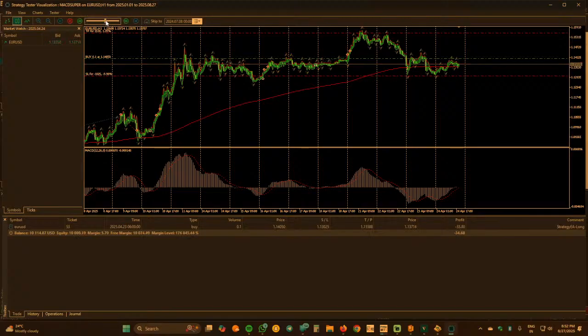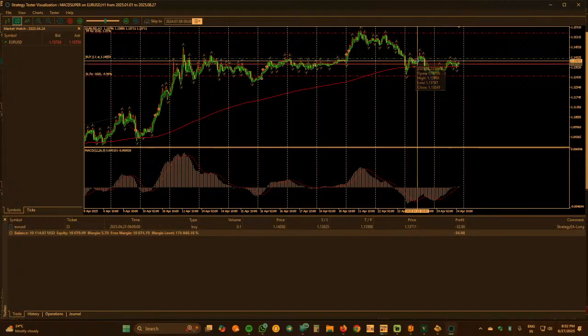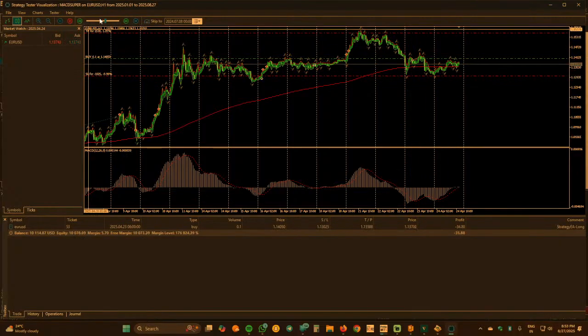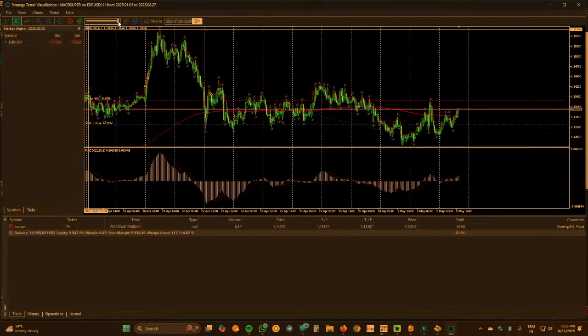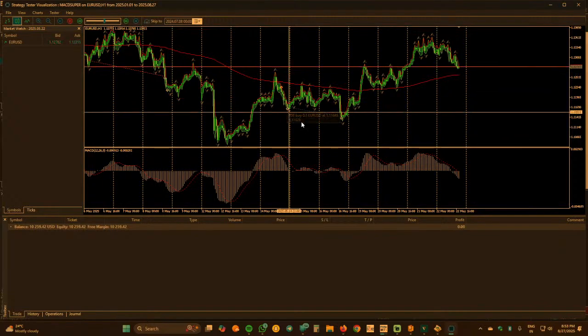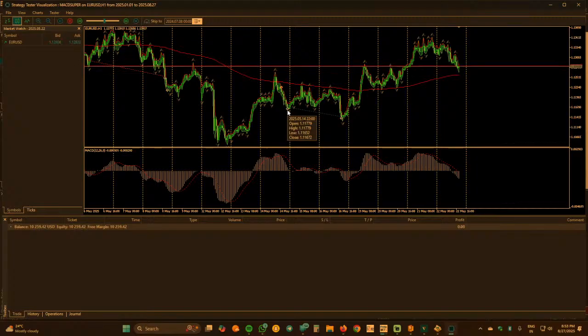And did the buy trade, was it a valid trade? Yes, the crossover happened here, the trade was taken, then closest fractal was here, so the stop loss is there. It is a valid trade. So I don't know why it took a buy trade here.